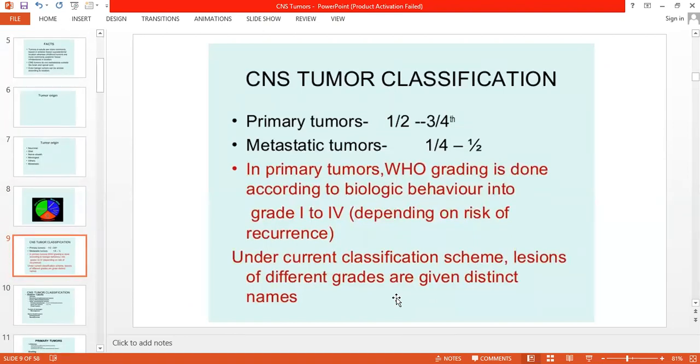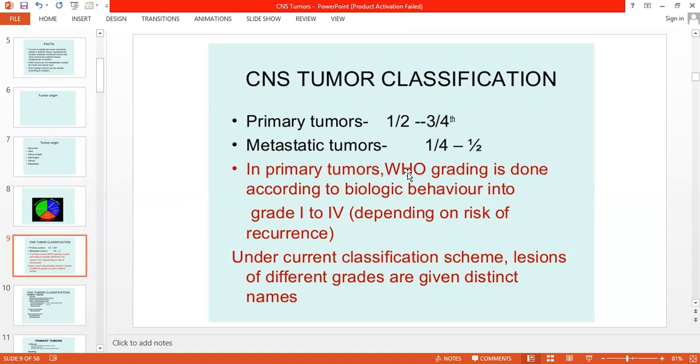Classic CNS tumor classification: the primary are usually one half to three fourths, and metastatic are one fourth to one half. Like in 50-50, 50% are primary and 50% are metastatic. Or you can say three fourths are primary and only one fourth are metastatic.